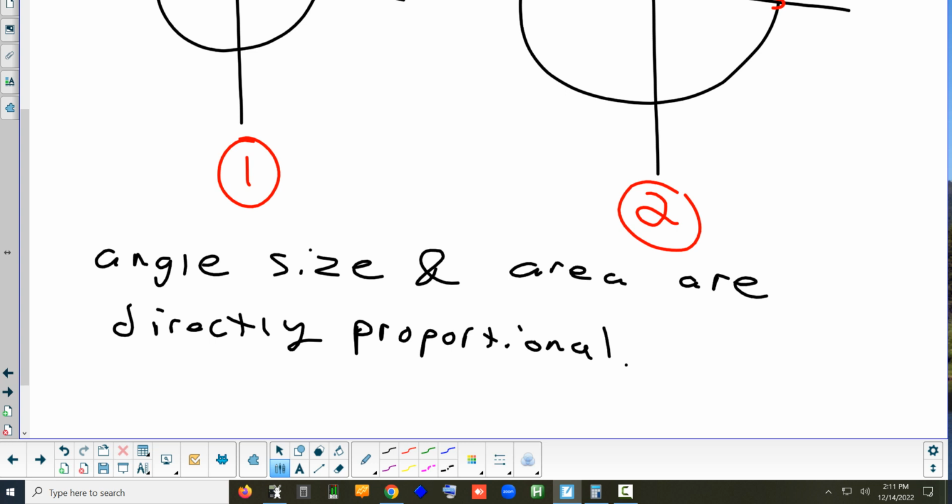And if two things are directly proportional, that means we can set up a, what did we do last time? Because they are proportional, we can set up a proportion.